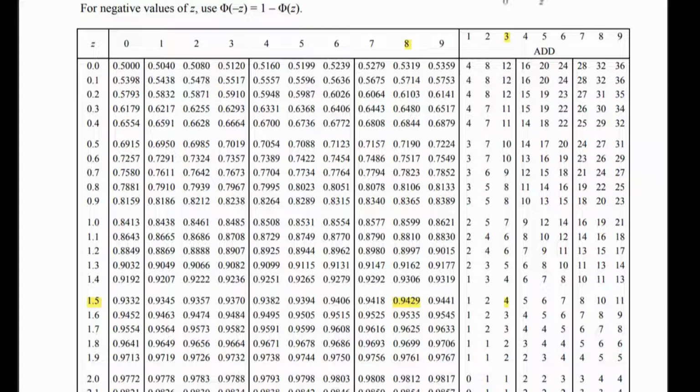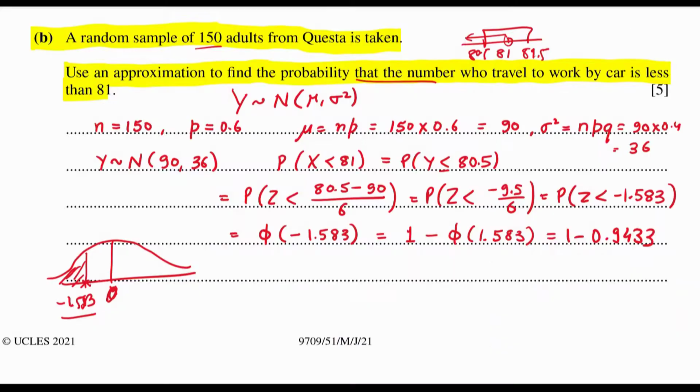We got 0.9429, and we add 4 at the last. So the answer is 1 minus 0.9433, which is 0.0567, and that's the probability.